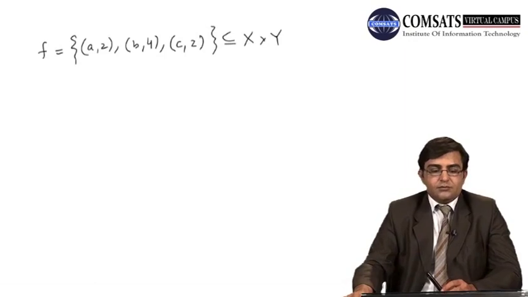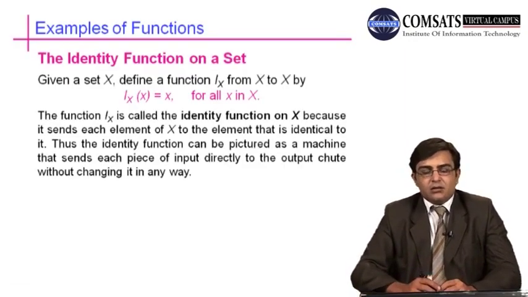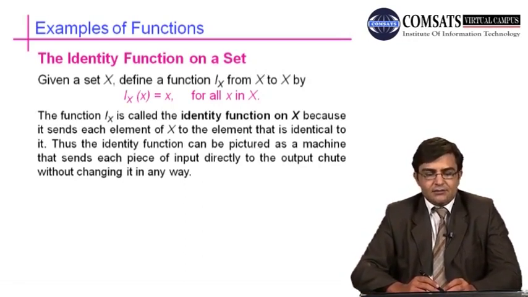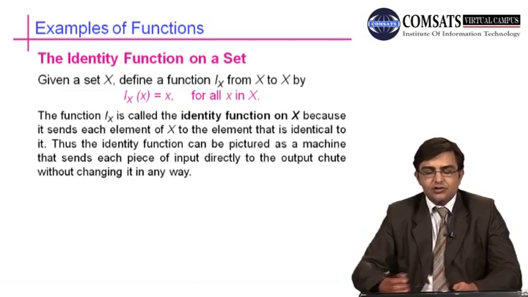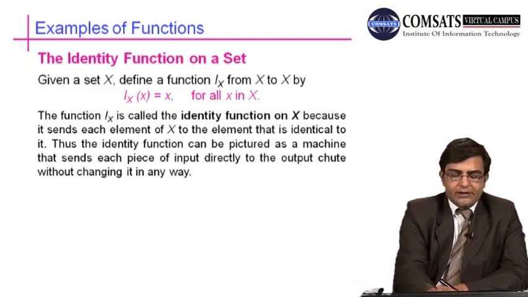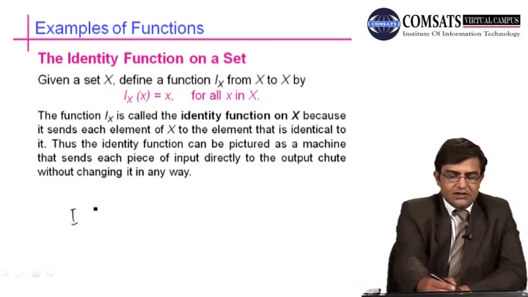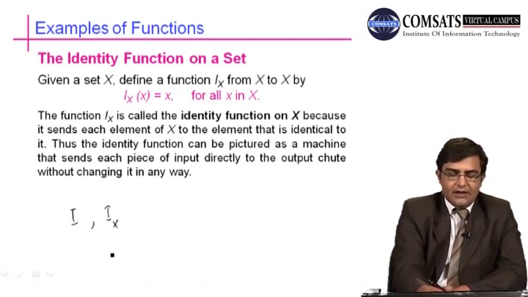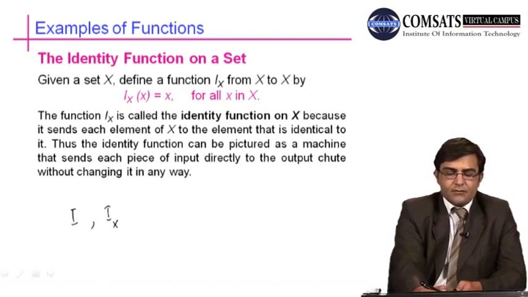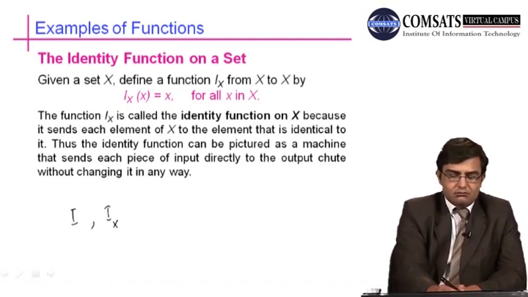Now we move to some typical or classical examples of functions. The identity function on a set. Given a set X, define a function I_X. Usually people denote it by I, or they write I_X, where X is the domain set, or you can simply denote it by a small i.